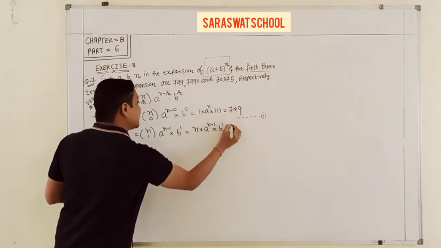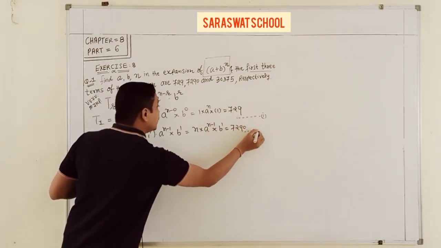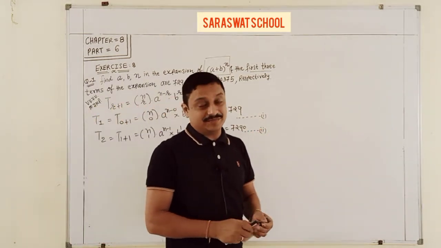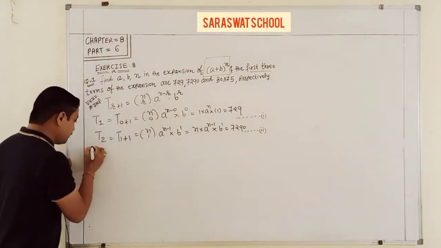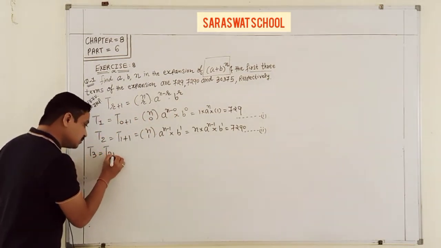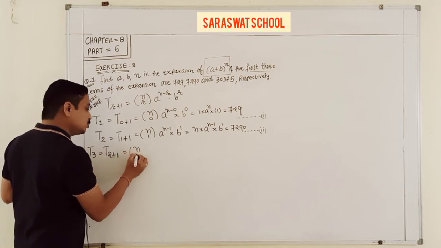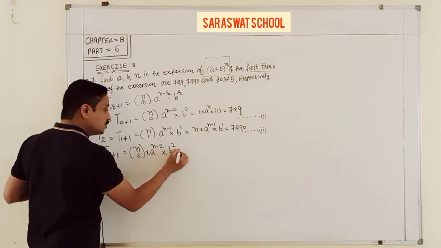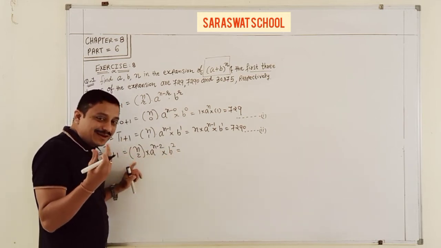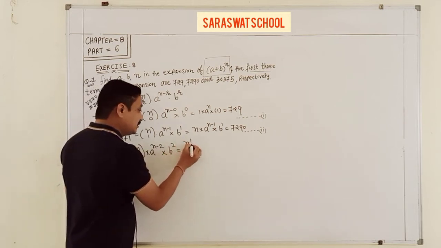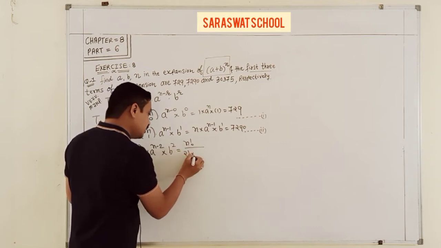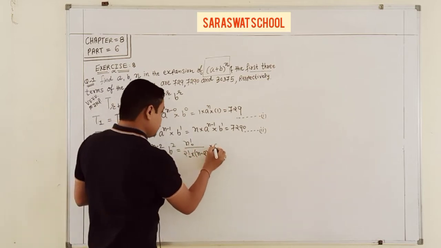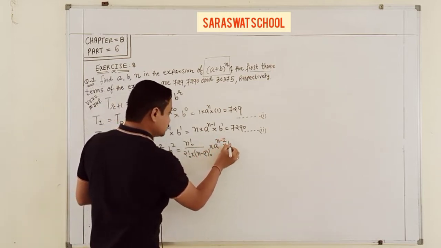That is your second term, 7290. Now I go ahead to the third term. My third term T3, r = 2, so nC2 a raised to n minus 2, b raised to 2. Now I calculate: n factorial over 2 factorial into n minus 2 factorial, and a raised to n minus 2, b raised to 2.